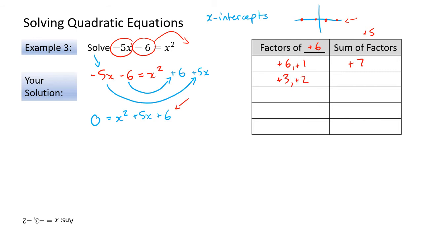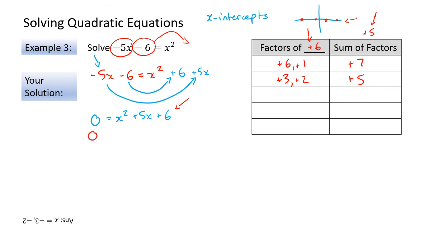You can see I have both positives because this number is positive. So my only option is either both positive or both negative. But since the second number here is also positive, I'm staying away from the double negative factors because I know it won't add up to a positive number. Positive 3 and positive 2 multiplies to positive 6, and it adds to positive 5. So you can see here that that works.